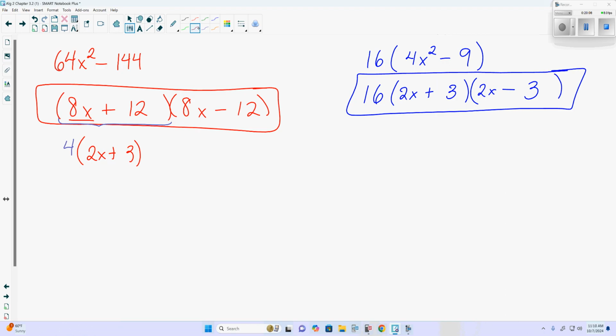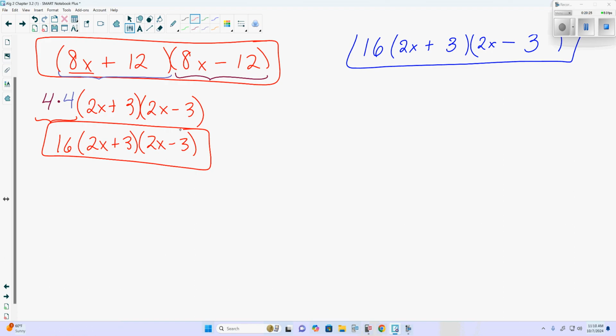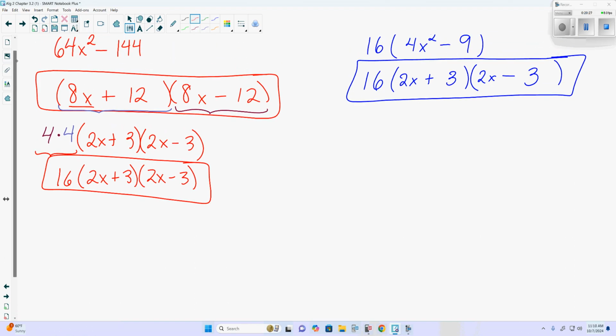And then in the other one, we also have a second factor of 4 that we're factoring out, which would give us... So even if we didn't see the greatest common factor at the beginning, if we notice it at that second step, we can factor it out of both, and we get back there.